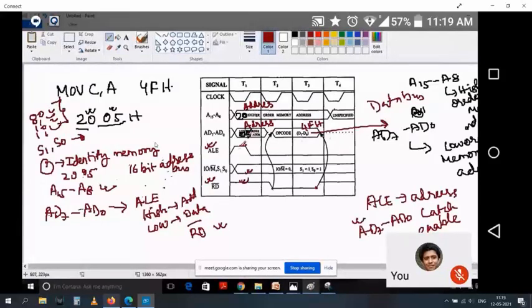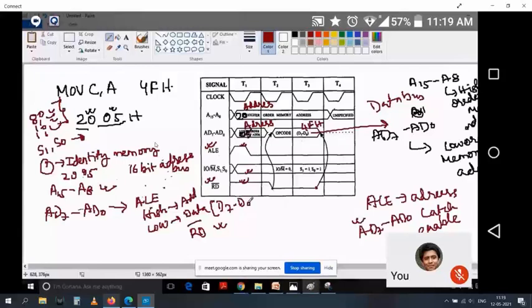Then the address operation is over. You see the ALE is coming down. Now that it is low, this is a data bus, D7 to D0.